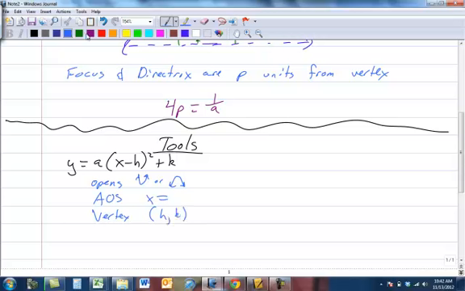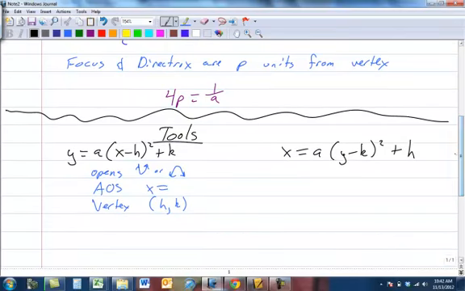All right? But then there's a new one. The new one is x equals a times the quantity y minus k quantity squared plus, you guessed it, h. All right? Slightly different, right? x and y got changed. Even the h's and k's got changed. Here's what's up with this one. This one opens left or right. Now, if a is positive, it's going to open to the right in the positive direction.